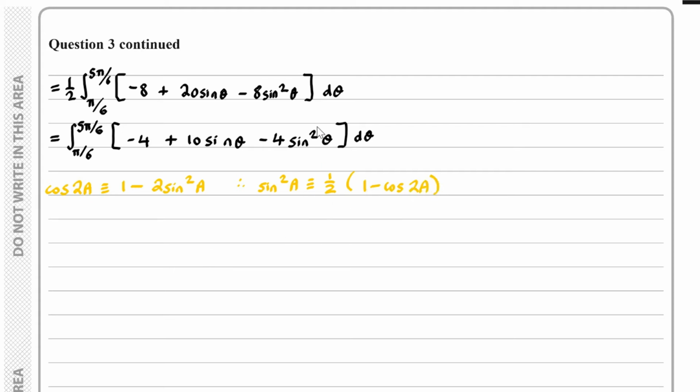And we can replace therefore the sine squared theta with 1/2 lots of 1 minus cos of 2 theta. So if we do that, we've got minus 4 plus 10 sine theta minus 4 times by 1/2 lots of 1 minus cos 2 theta.